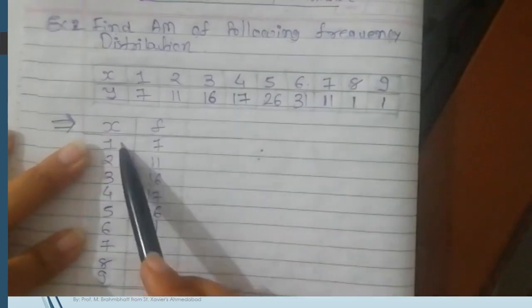So the x and the frequency. Instead of y, we will put the symbol f for the frequencies. The x values are the same, you can find in the question as well, 1, 2, 3, 4 up to 9, and the frequencies are 7, 11, 16, 17, 26, 31, 11, 1 and 1. So first you have to put the x and f values in the table, and then you have to write the formula.